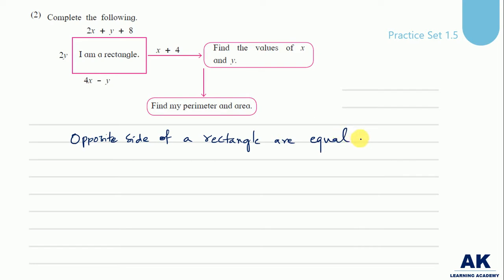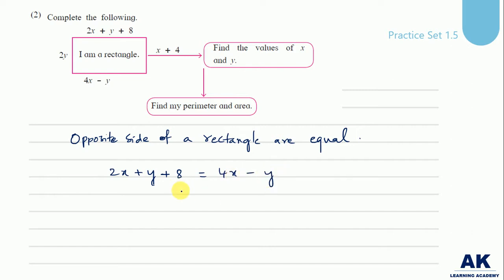Right? Therefore I can say that 2x plus y plus 8 is equal to 4x minus y. In the same way, 2y is equal to x plus 4. So let's proceed with the first equation, that is 2x plus y plus 8 is equal to 4x minus y.